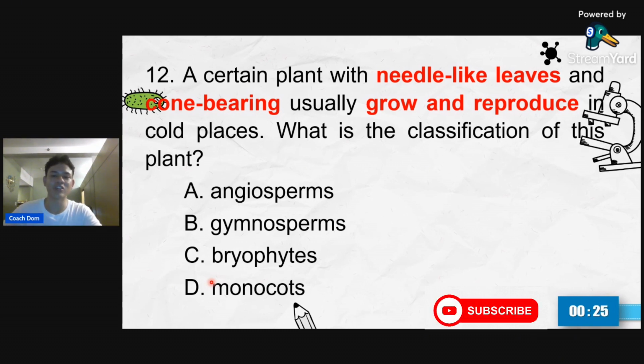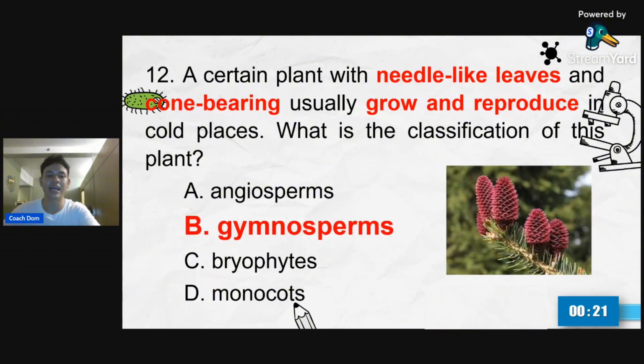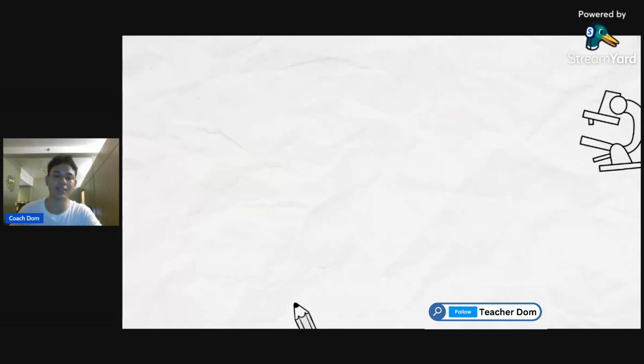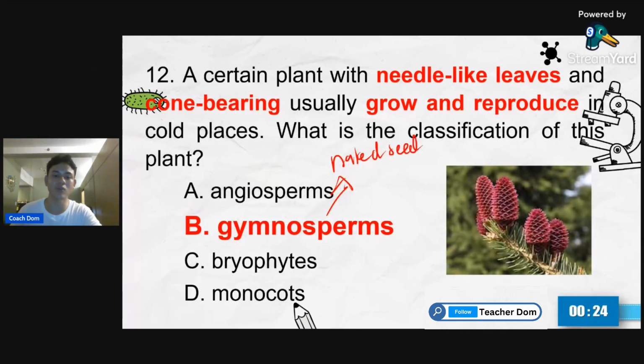Okay, correct answer po dito, guys, for question number 12, that is letter B, gymnosperms. This is the actual image of a gymnosperm. When you say gymnosperms, naked seeds. Again, paki-take note po, when you say gymnosperms, that is what we know as naked seeds, kasi makikita natin yung seeds niya, hubad-hubad.